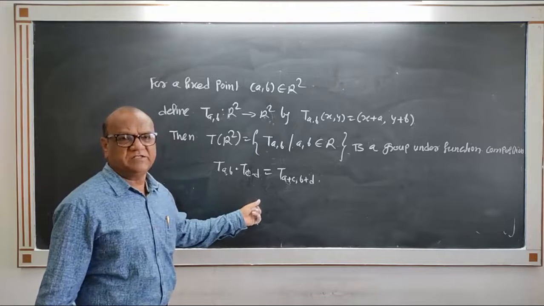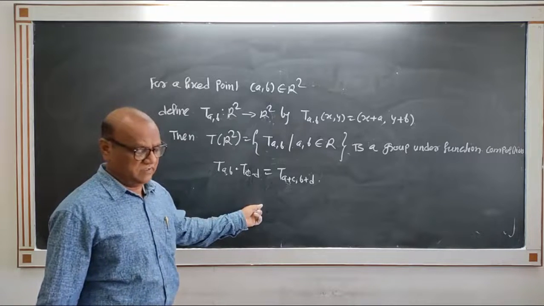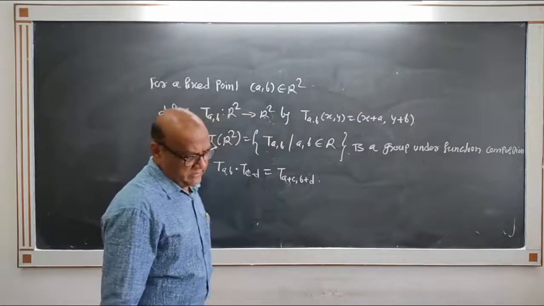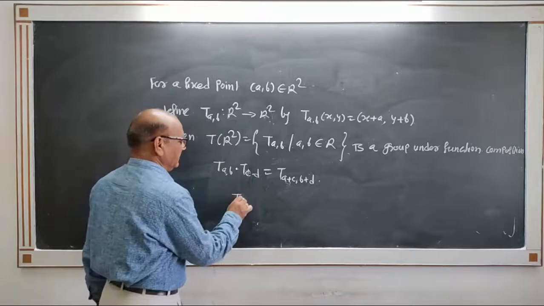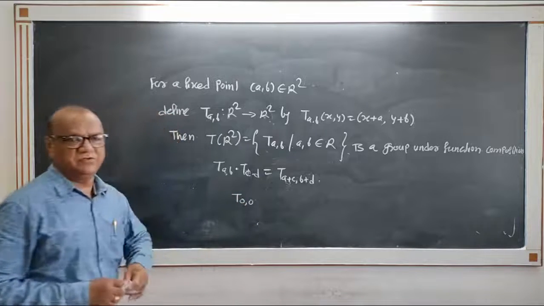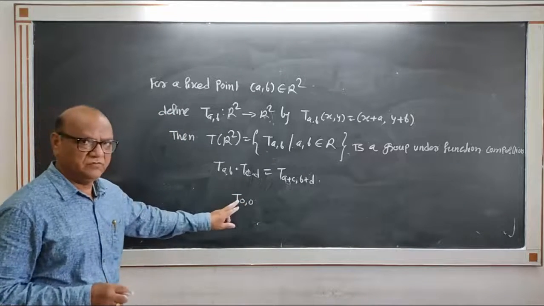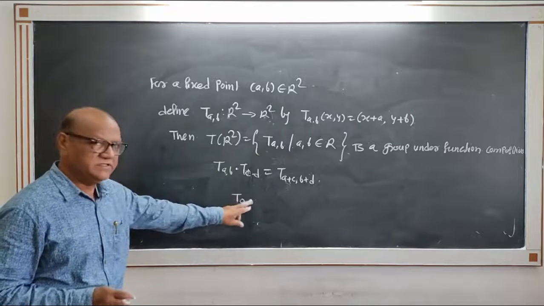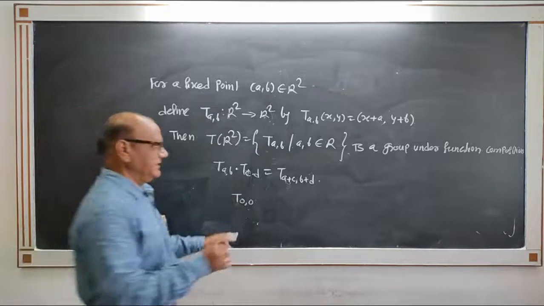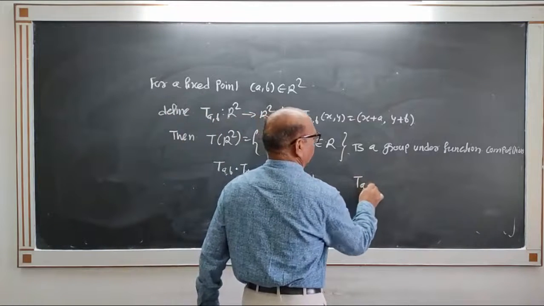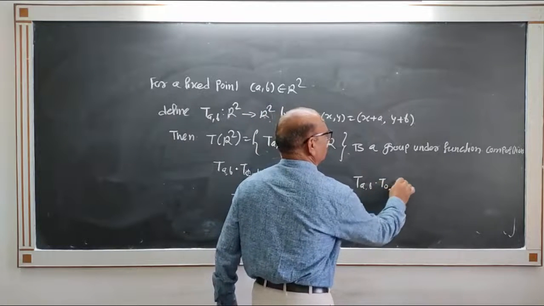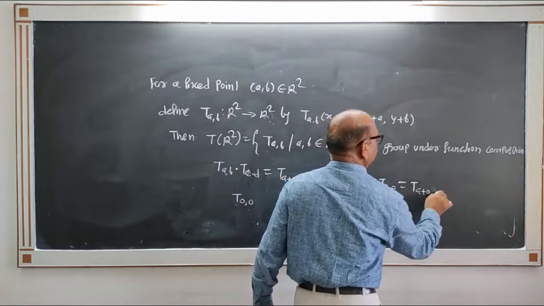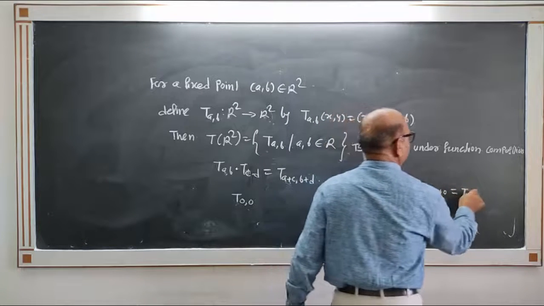Function composition is always associative. T of (0, 0) is the identity. T of (a, b) composed with T of (0, 0) is equal to T of (a plus 0, b plus 0), which gives T of (a, b).